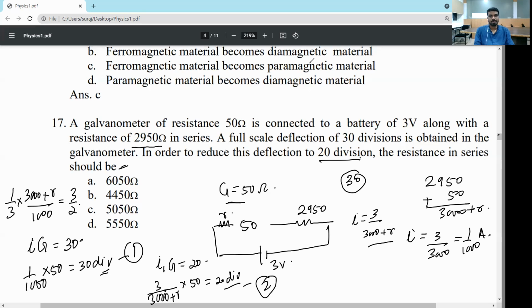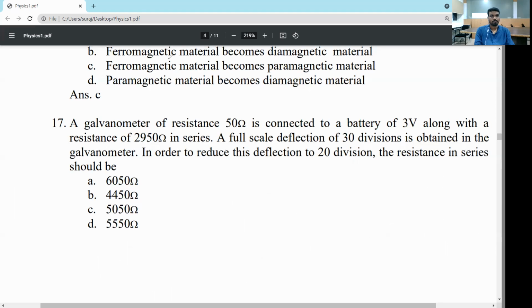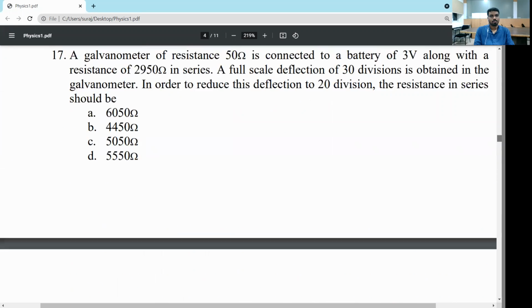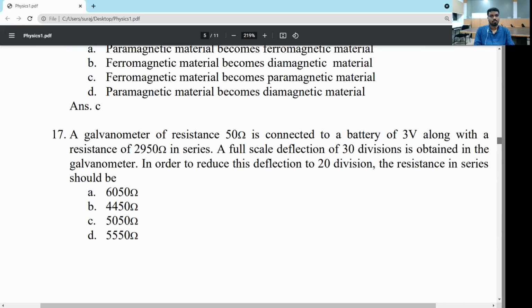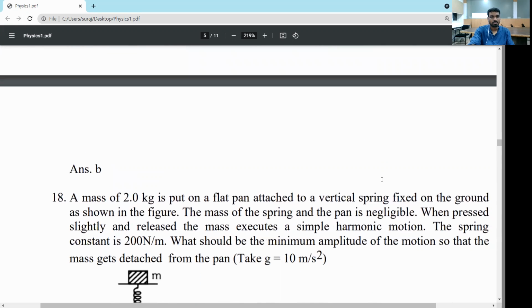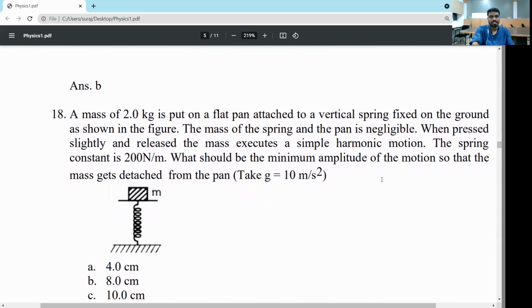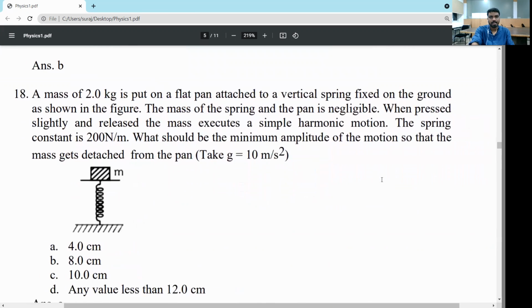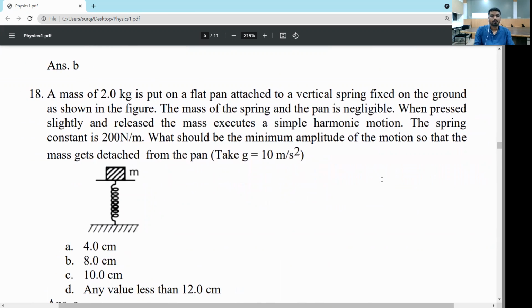Next, question number 18. A mass of 2 kg is put on a flat pan attached to a vertical spring fixed on the ground as shown in the figure.